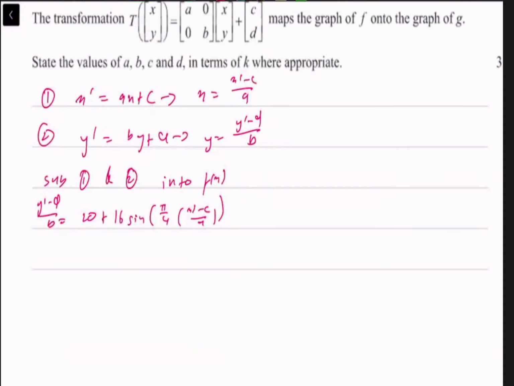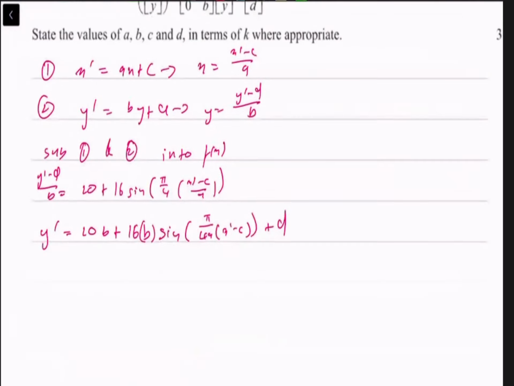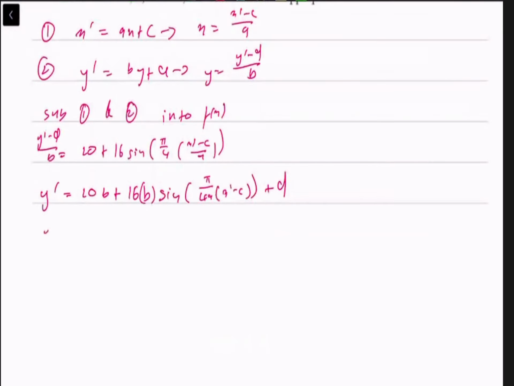And then just expand in a way that's comfortable. So 20b plus 16b, 16b sine pi on 14a, x dash minus c, plus d. Now you can just compare it to your g of x.